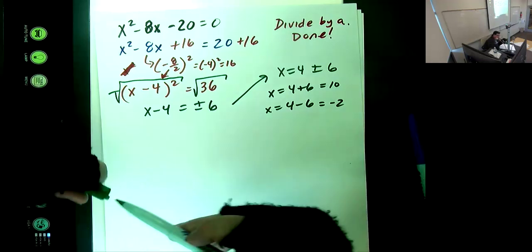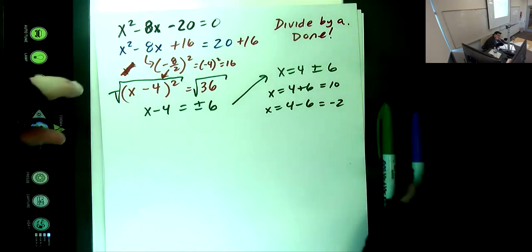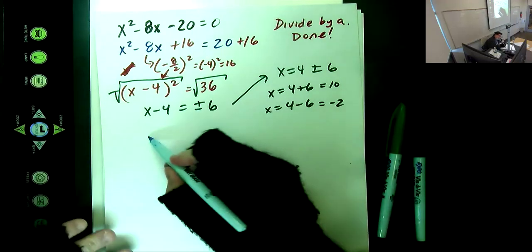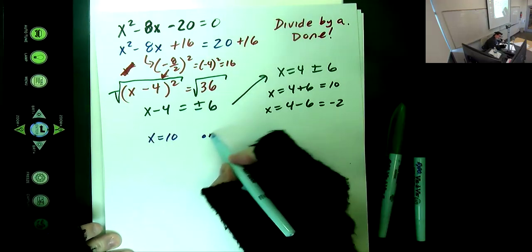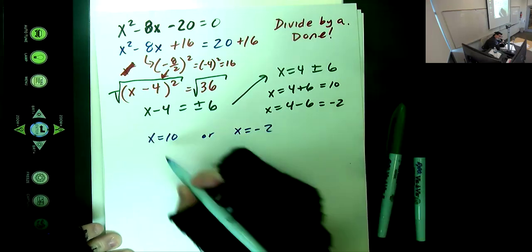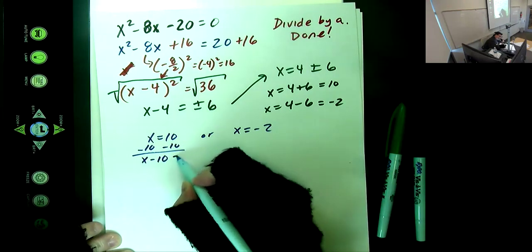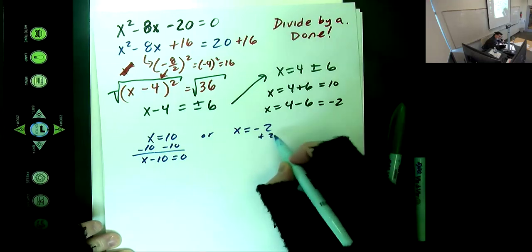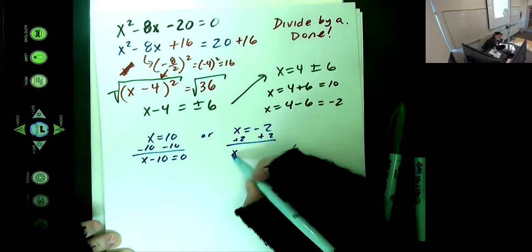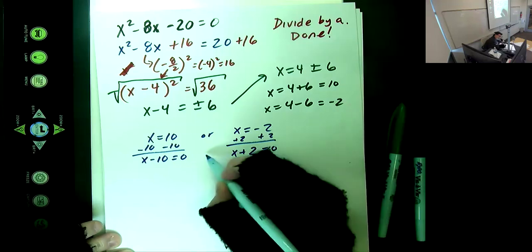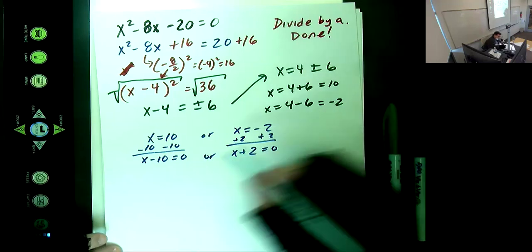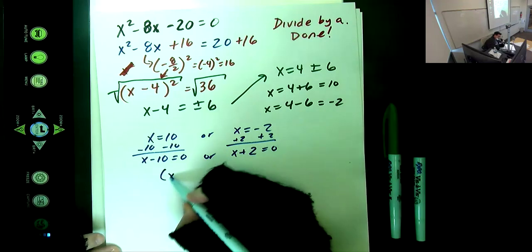And we can see if we work backwards here. x equals 10 or x equals -2. If I subtract 10 from both sides, I get x minus 10 equals 0. Add 2 to both sides, I get x plus 2 equals 0. And now with these both equaling 0, I can put them together.